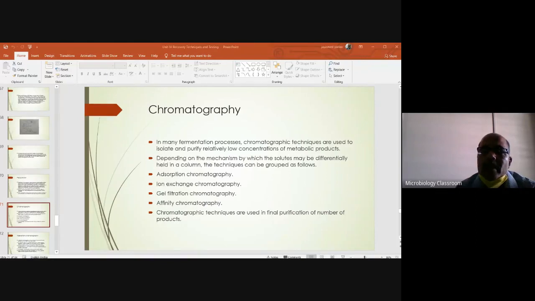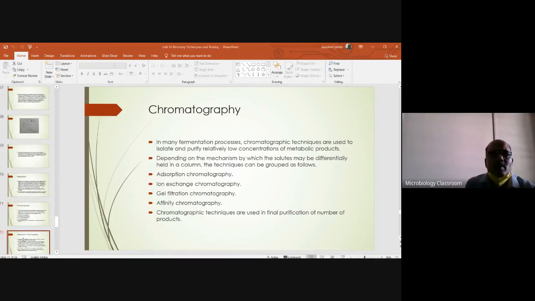Depending on the mechanism by which the solutes may be differentially held in a column, the techniques can be grouped as follows: adsorption chromatography, ion exchange chromatography, gel filtration chromatography, and affinity chromatography. Of these various techniques, we would like to see some of the representative techniques. Chromatography techniques are used in the final purification of a number of fermentation products.